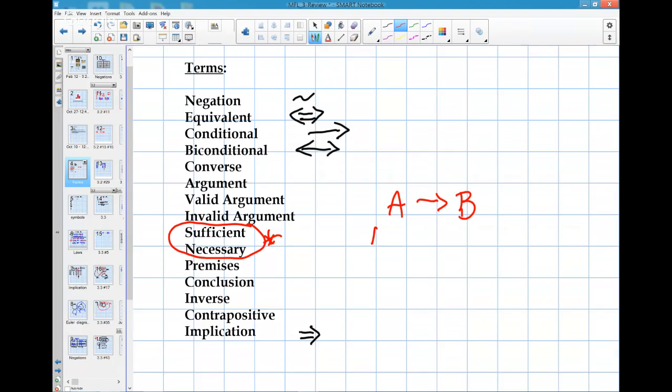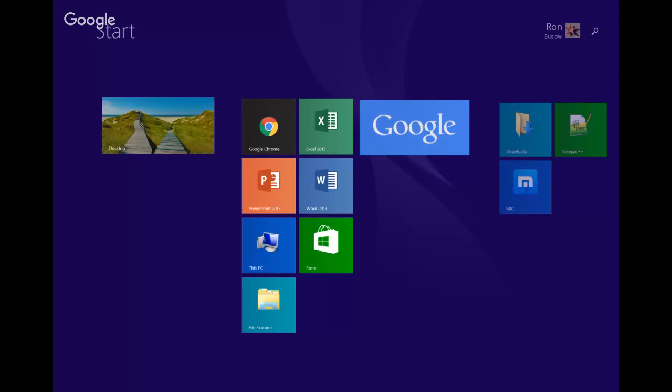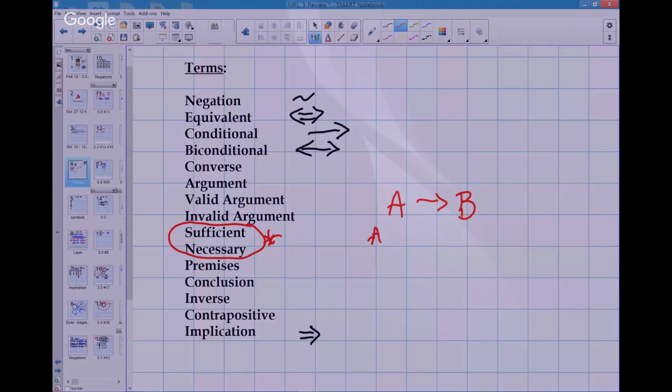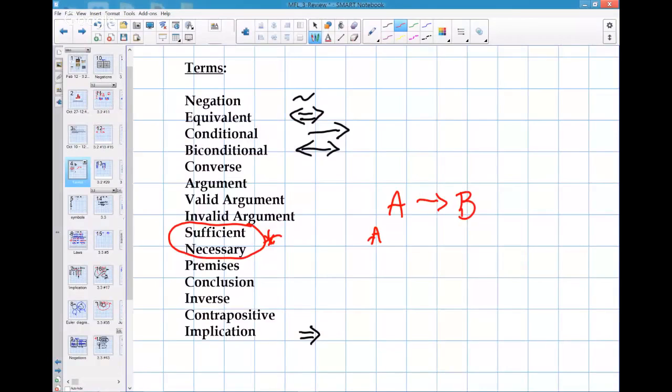Let me write that down. I gotta get rid of my keyboard here so I can write more easily.